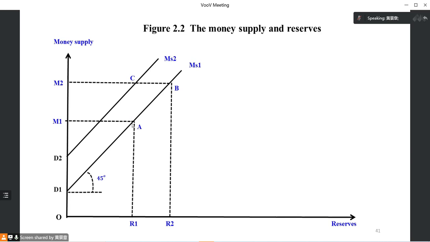At point A on line MS1, we can see two coordinates. The vertical coordinate is M1, which means domestic supply. The horizontal coordinate is R1, which means foreign currency reserved by this country.